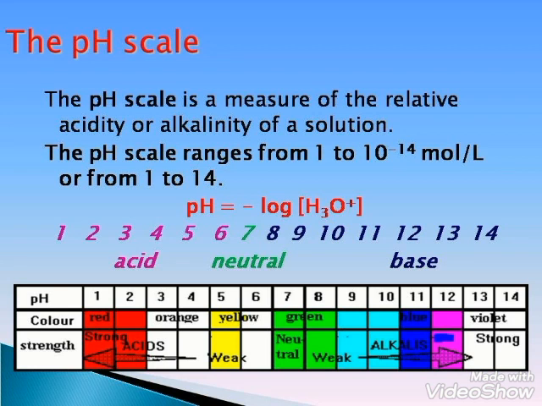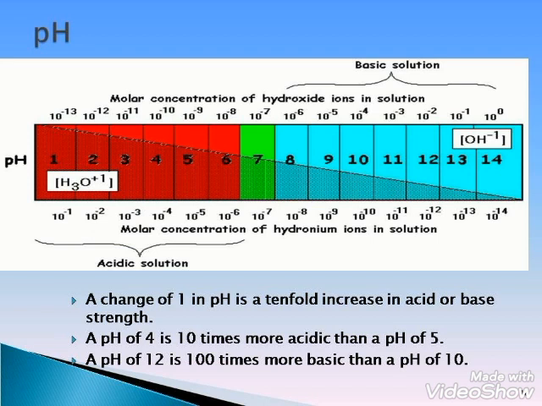This scale is based on the definition of pH, that is pH is equal to minus log of the hydronium ion concentration. By knowing the concentration of hydronium ions, we can decide the scale.